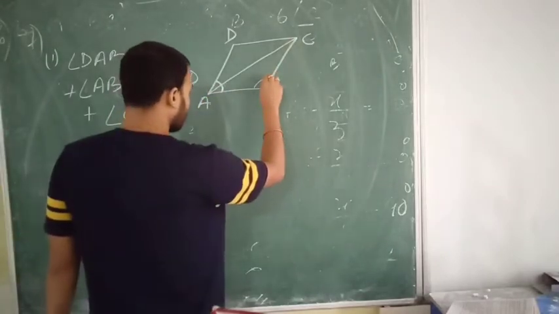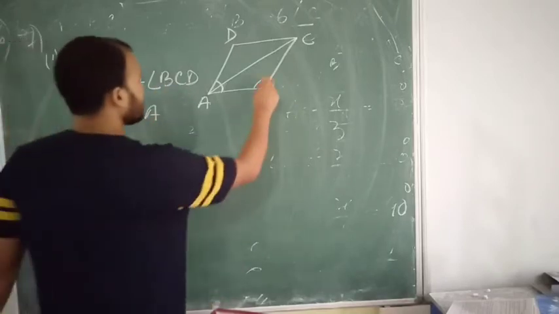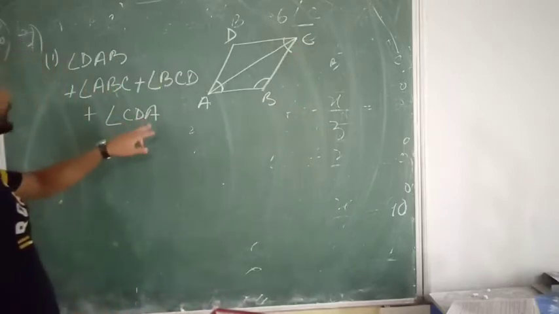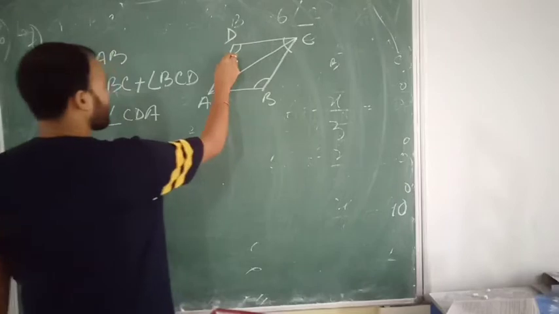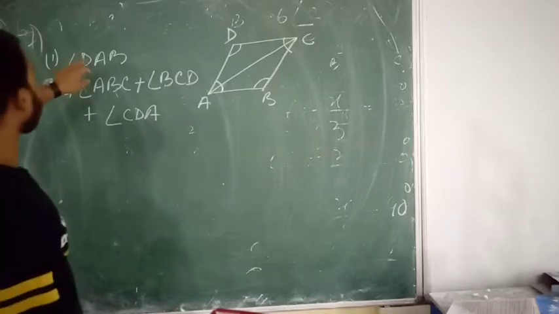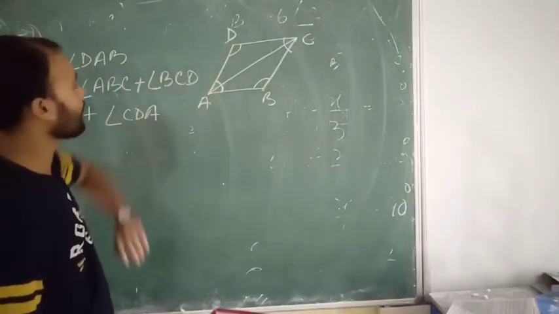Then BCD, this entire angle, and CDA. How will we do this? In order to find DAB, do one thing: split this angle into two parts.